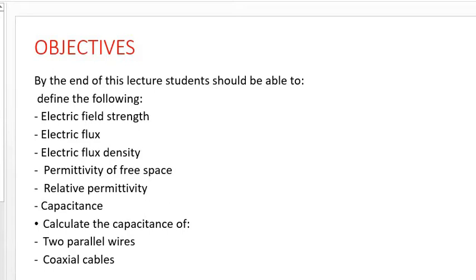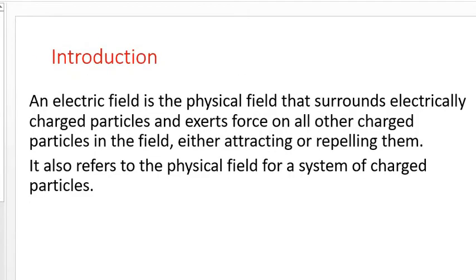We should be able to explain what is an electric field strength and the formulas that relate to the electric field strength, and the units for electric field strength. So, before we go into the definition, we should have an appreciation of what is termed an electric field.